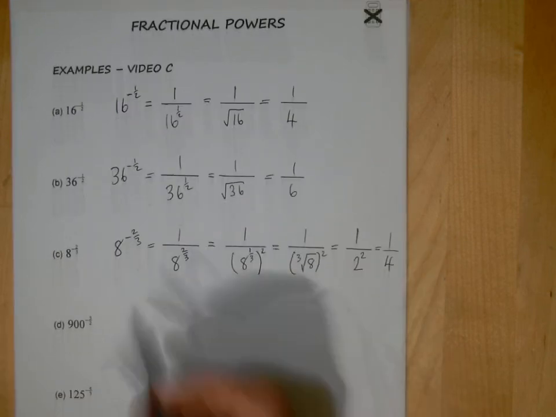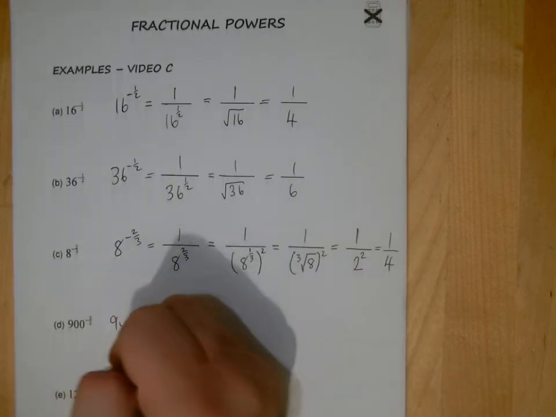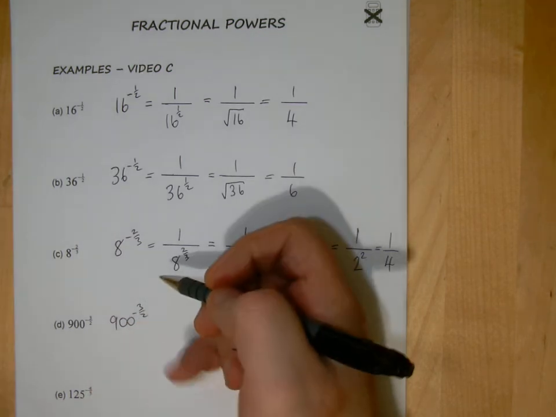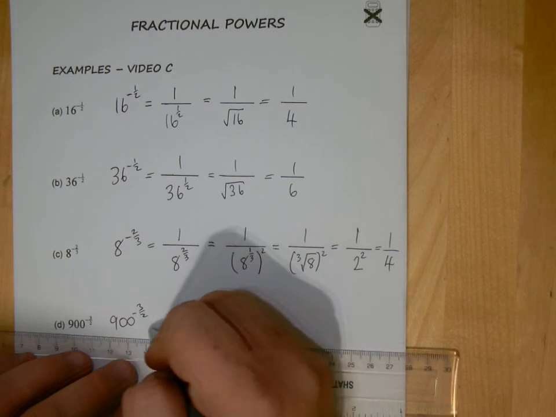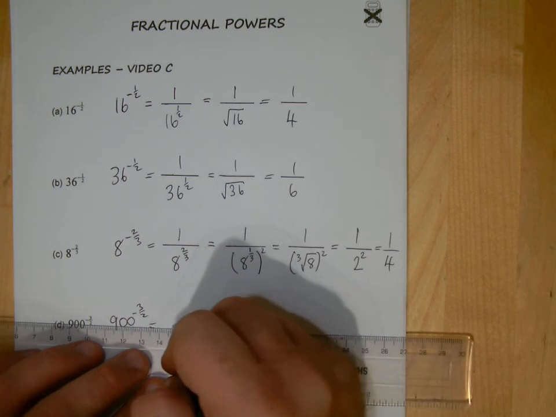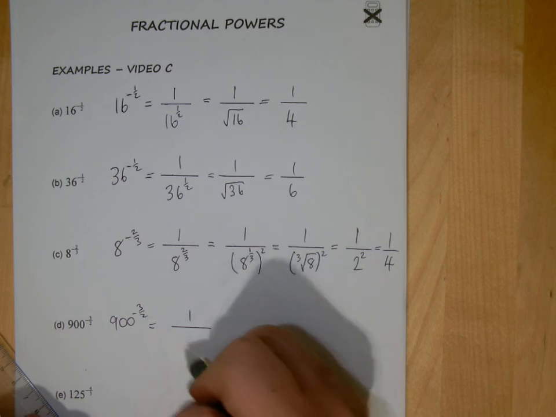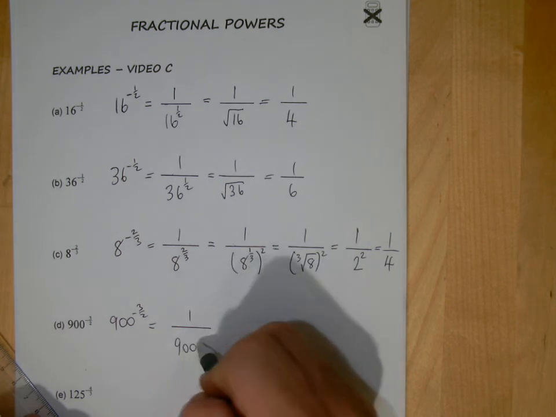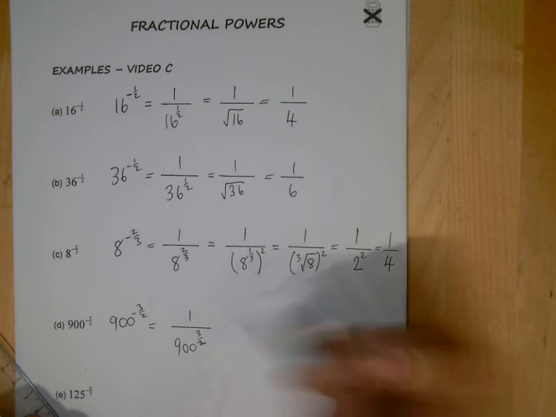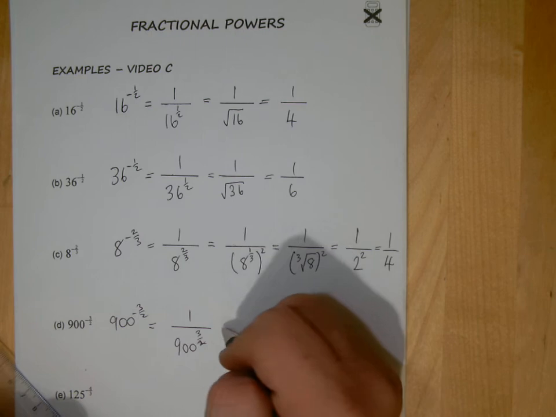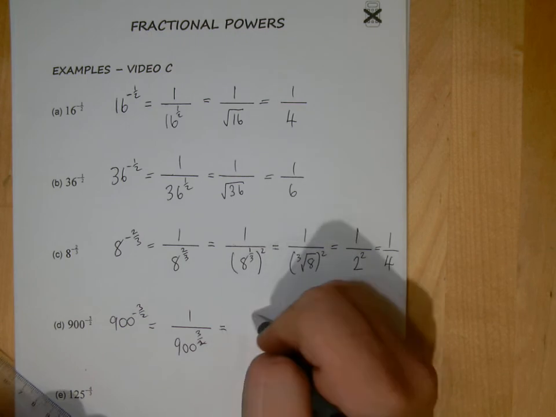Okay, let's look at the next one. 900 to the power negative 3/2. It will be 1 over again because it's a negative power. This time 900 to the power 3/2. Now it's not a unit fraction, so we need to make it into a unit fraction.